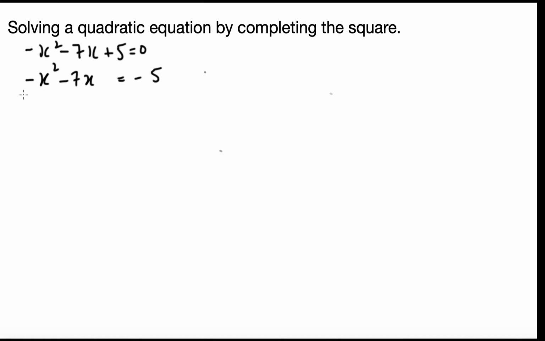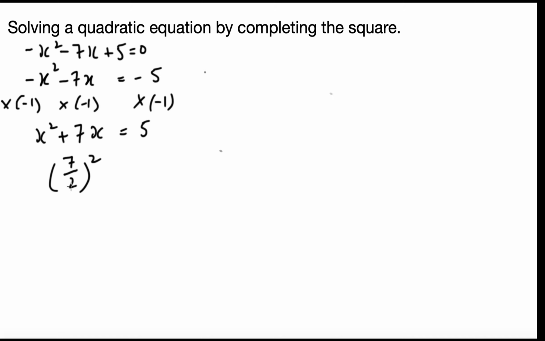So we multiply both sides by minus 1. We take the coefficient of x, which is 7, we half it and square it. We're going to add this on both sides.